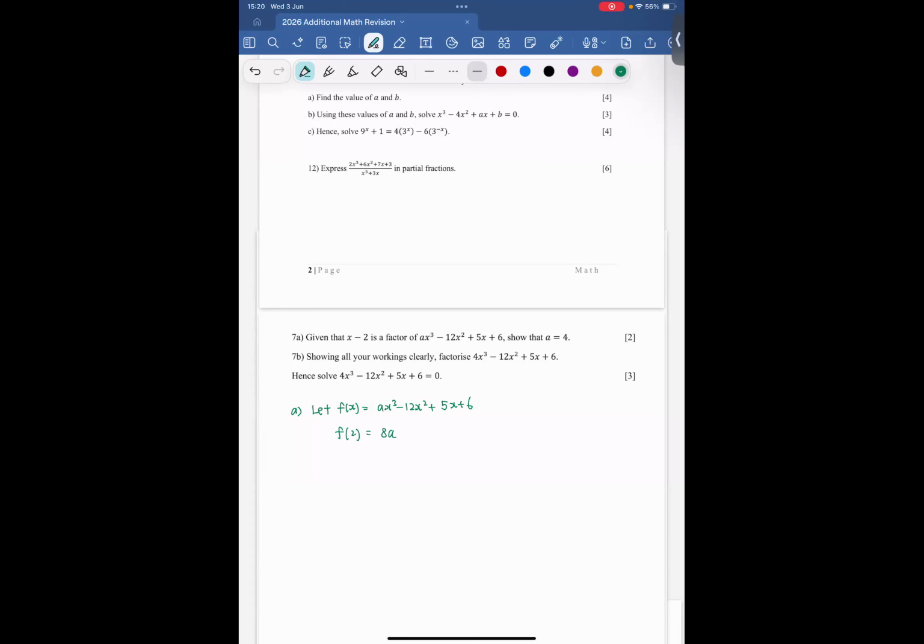So you sub 2 into the x. This is my remainder. Okay, so since x minus 2 is a factor, we will know that the remainder is actually equal to 0. Then you can find that A is 4.